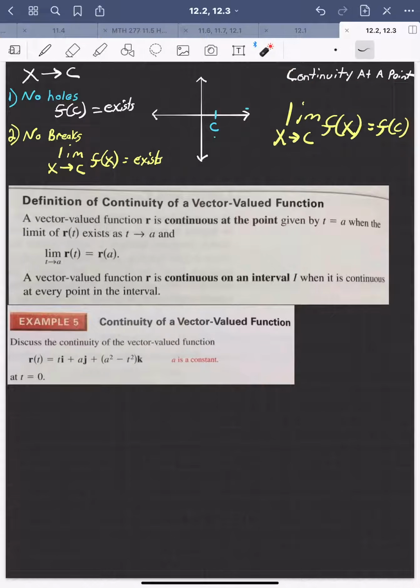If there's any point on your graph that doesn't meet this criteria, then we would have discontinuity. Now you understand continuity and discontinuity.